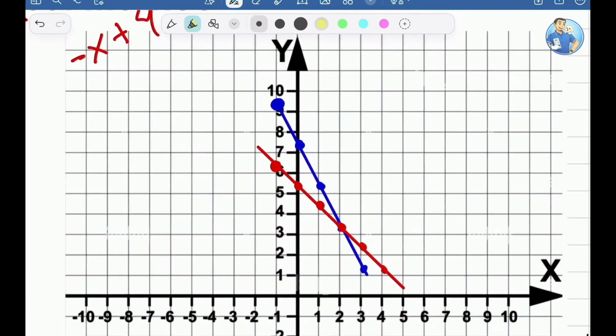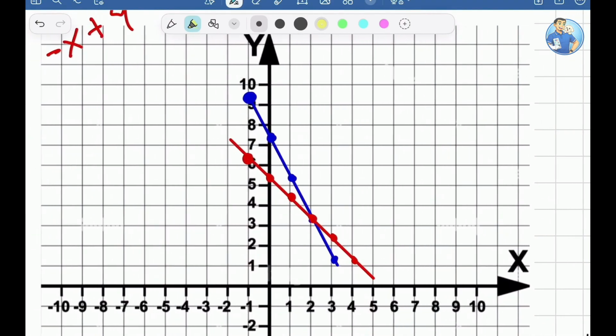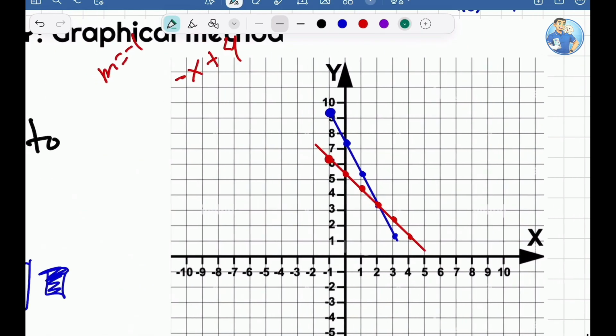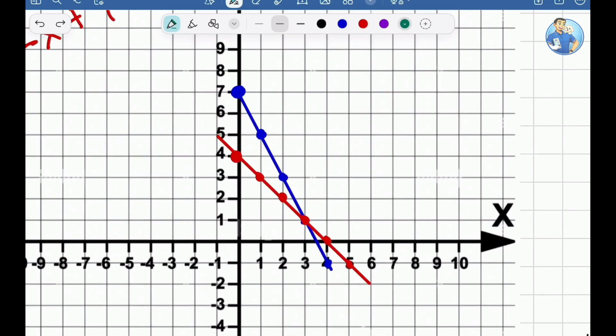So for the intersection point, we need to check the point where the two lines join together. Using the color green, for this point we need to read the coordinates.